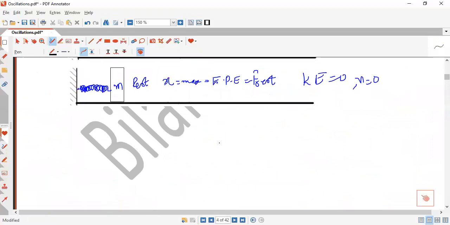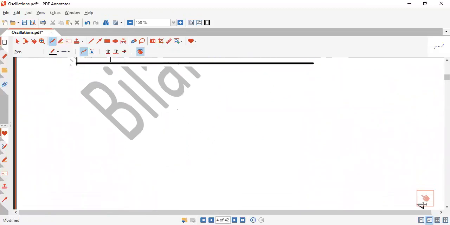Very good. So I'll be saying that applied force is equal to restoring force, but opposite in direction.